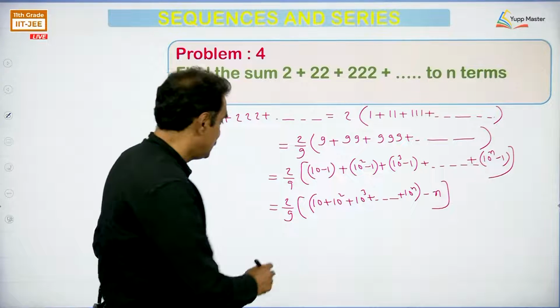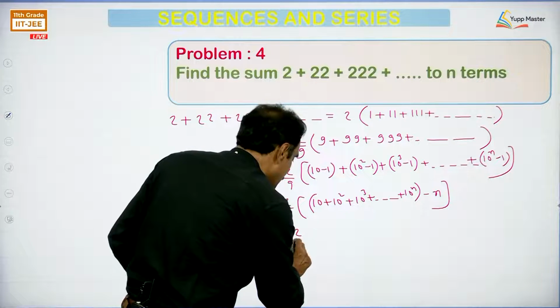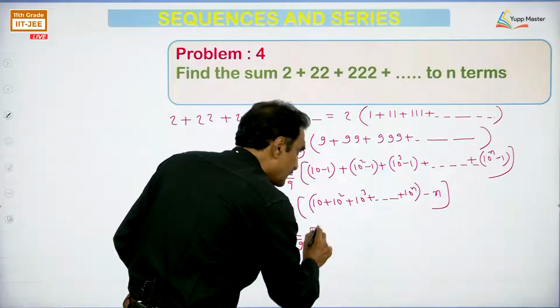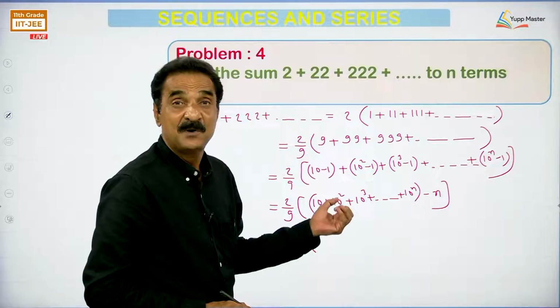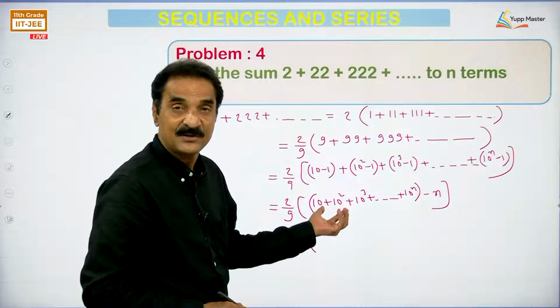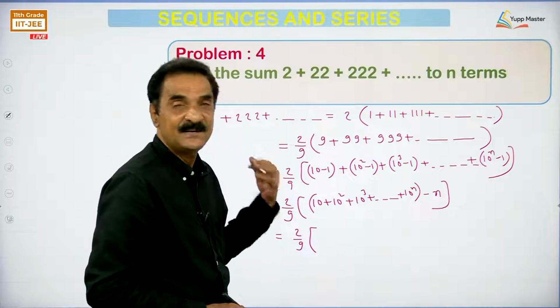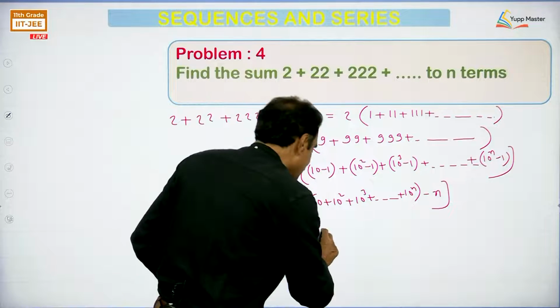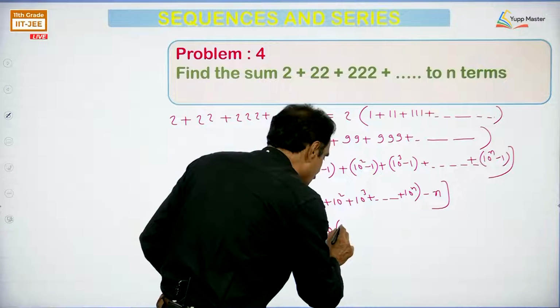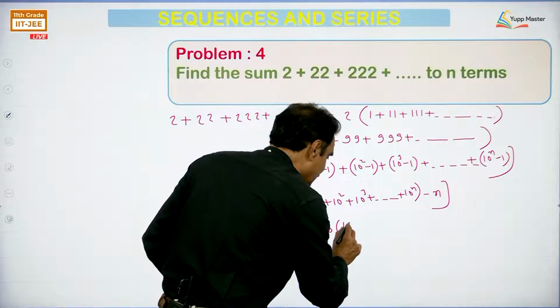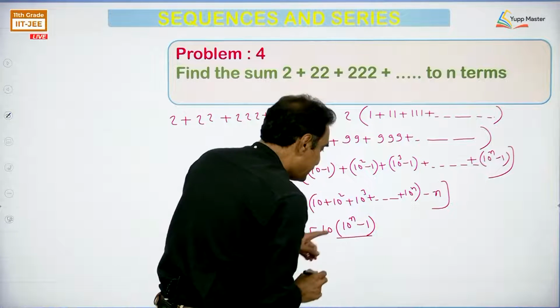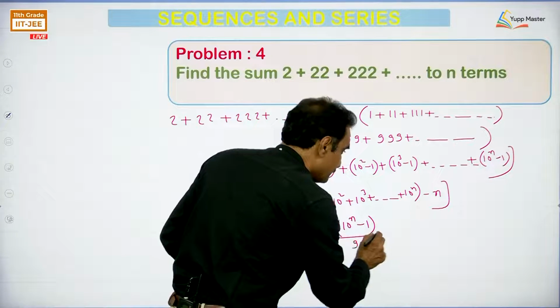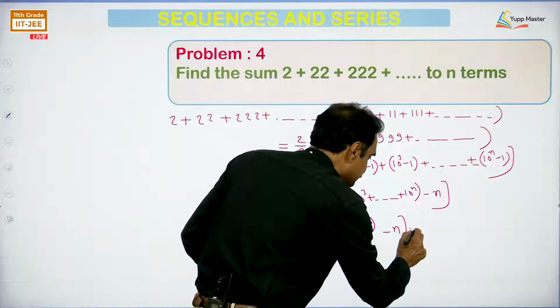You can apply the formula, 2 by 9 into. What is this sum? A into r power n minus 1 by r minus 1, because mod r is greater than 1. Common ratio is 10, first term is 10. So its sum is going to be 10 into common ratio 10 power n minus 1 by 10 minus 1, that is 9, minus n.